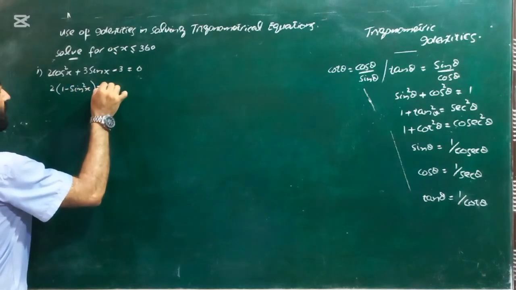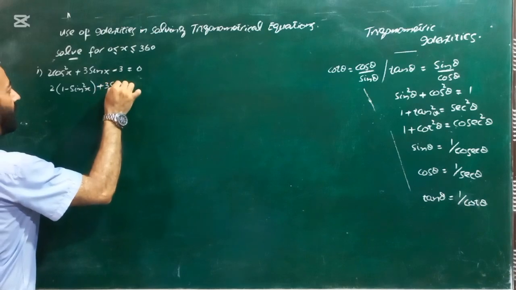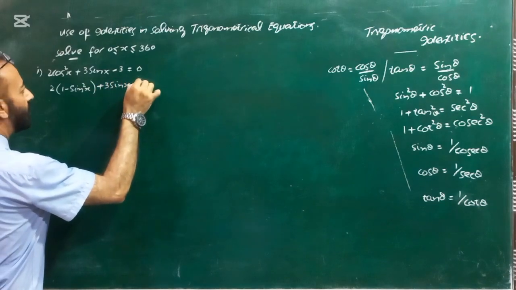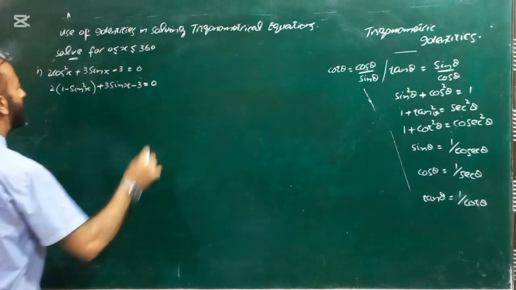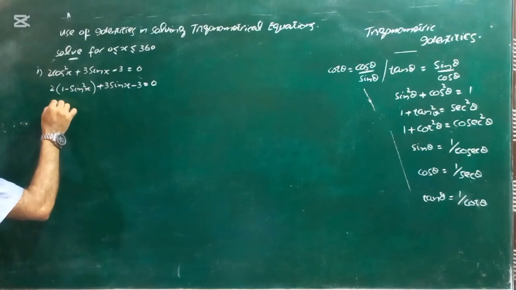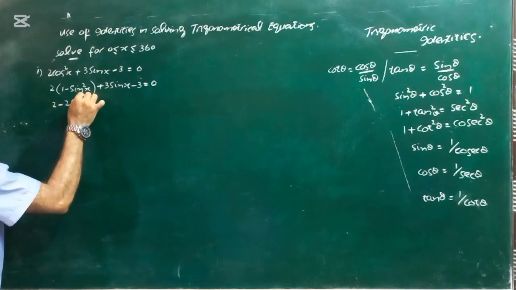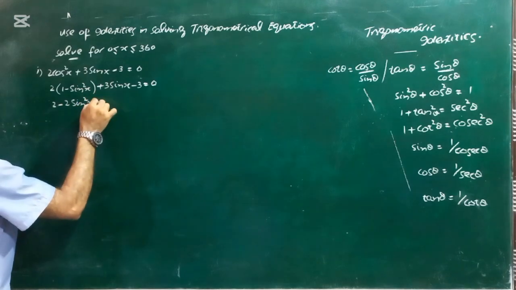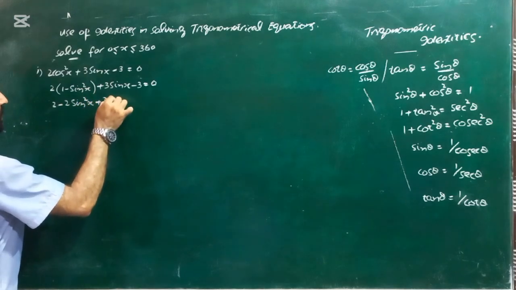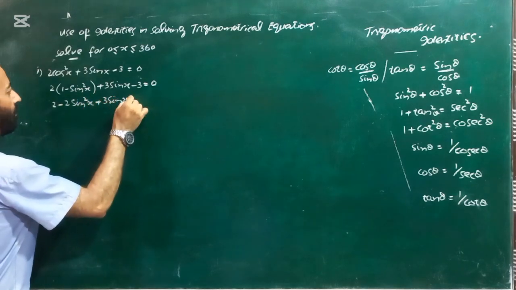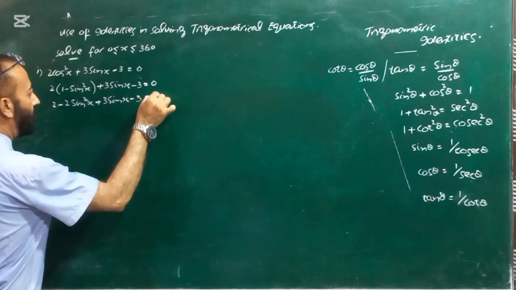Rest of the values will remain as it is. 3 sin x minus 3 equal to 0. Open the bracket, it will become now 2 minus 2 sin square x. Rest of the values will remain as it is. So 3 sin x minus 3 equal to 0.